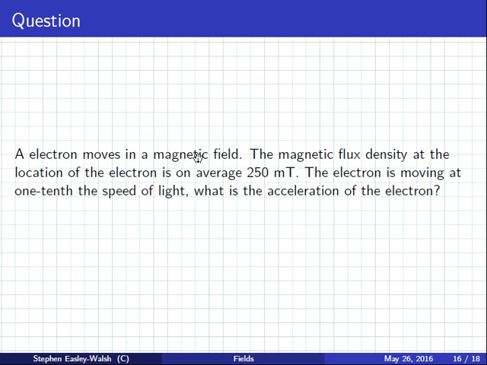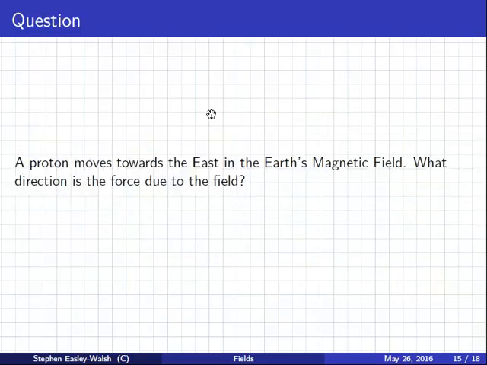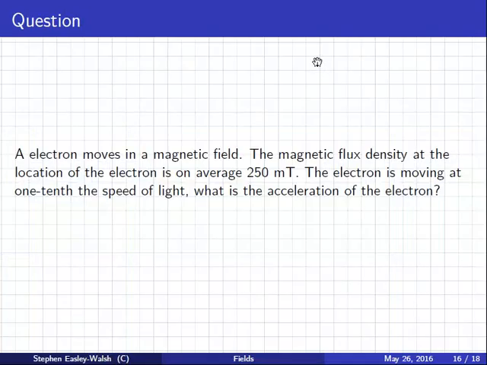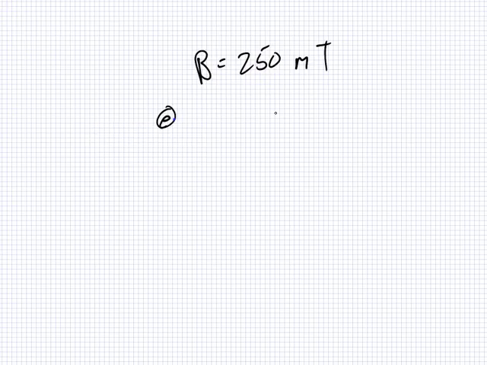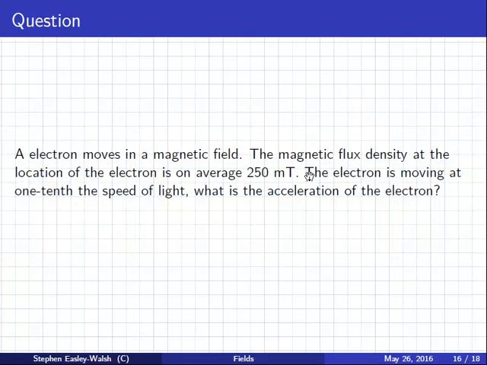The magnetic flux density at the location of the electron is 250 millitesla. The electron is moving at 1/10 the speed of light, so its velocity is 1/10 c. What is the acceleration of the electron?